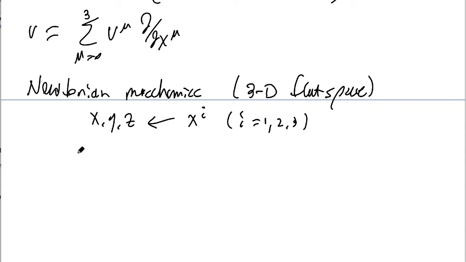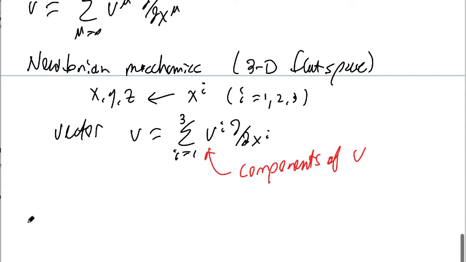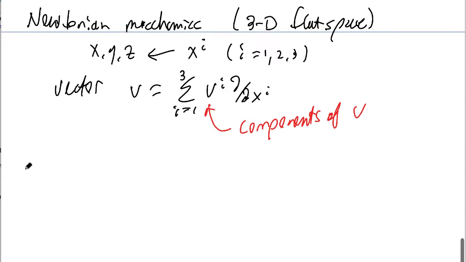All right, then any vector can be thought of as a directional derivative operator and can be expanded in a linear combination of basis vectors d by dx i, where now i ranges 1 to 3. Now these quantities, the V i's, these are the components of the vector V. Let's consider a force vector F.